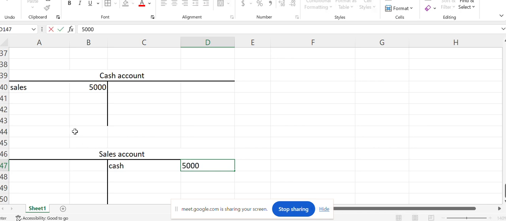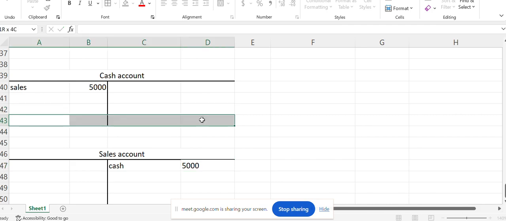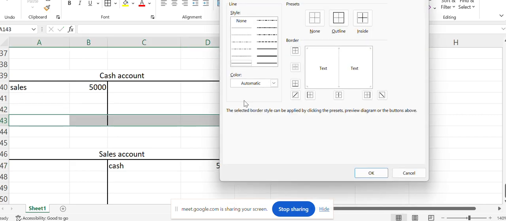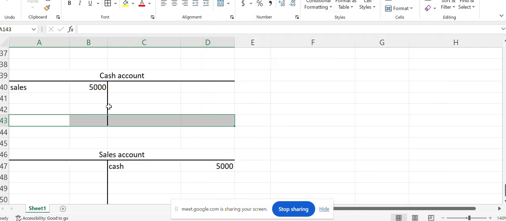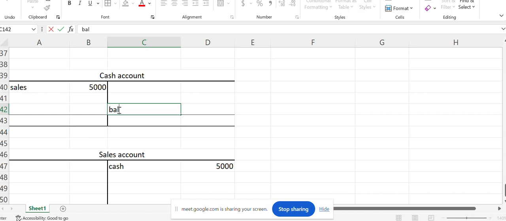So when you are recording the cash account, for example, you are going to say that the balance carried down will be 5,000. So the totals will be 5,000, total there 5,000.